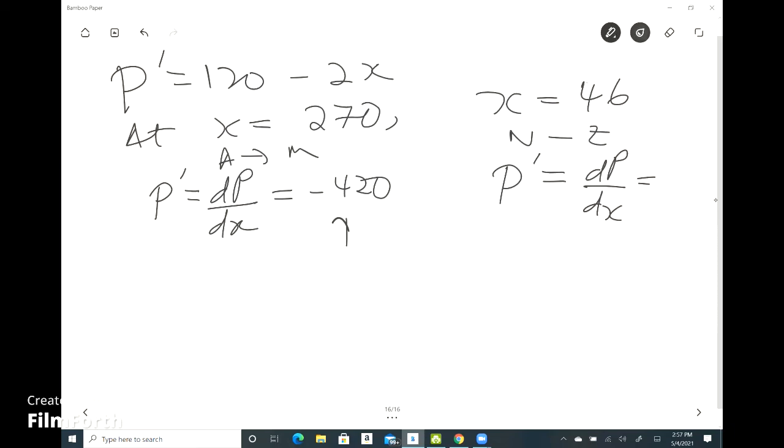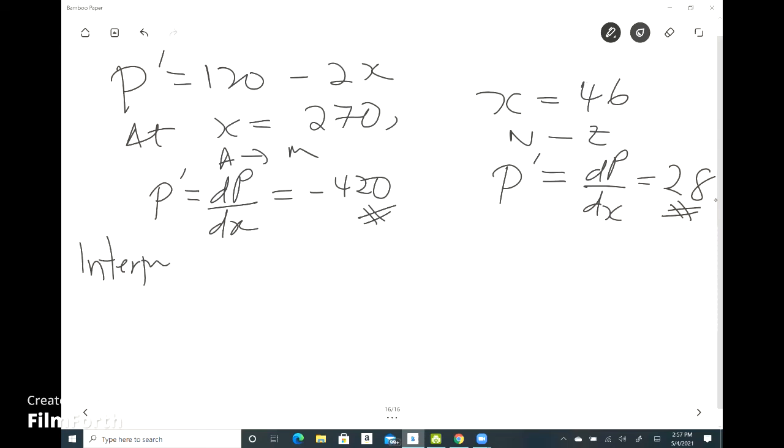Yes, okay, 28. So for the first value at 270, the marginal profit is -420. At x equal to 46, the marginal profit is 28. So I think that's good. One positive, one negative. So interpret.